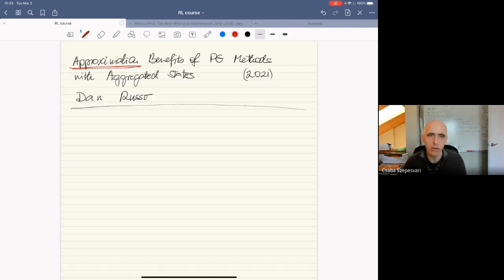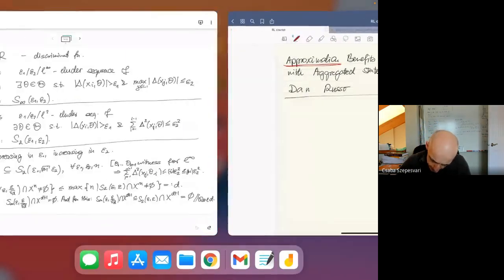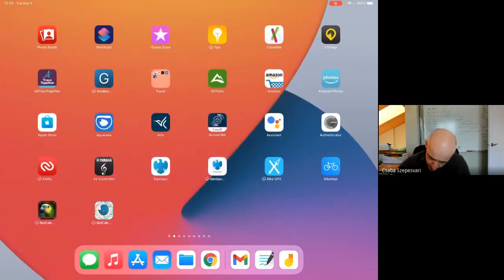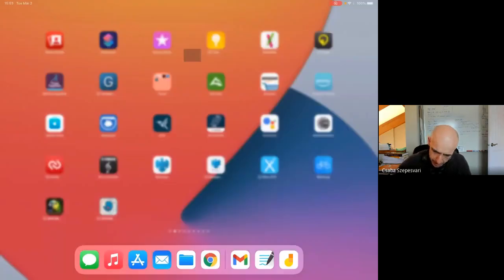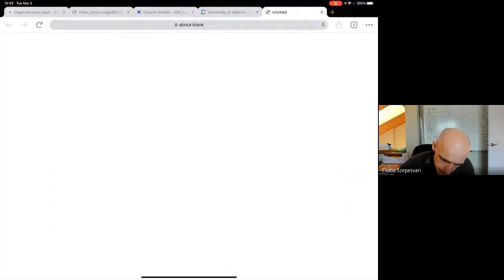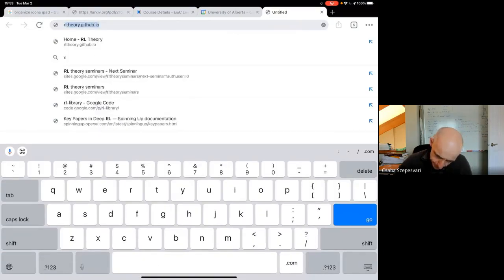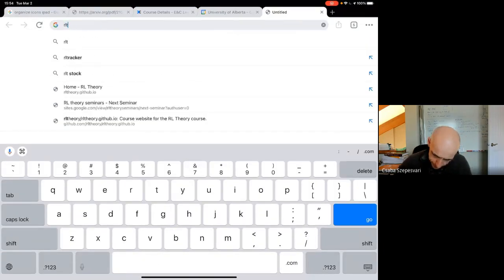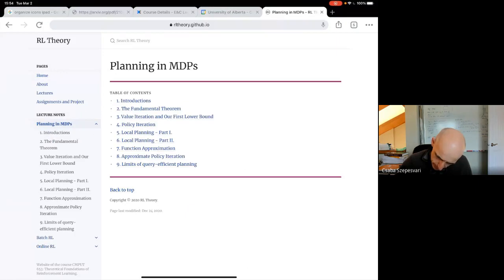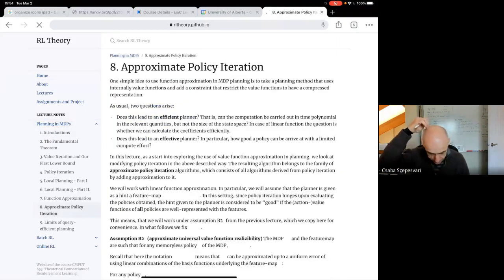If you recall, the approximate policy iteration.